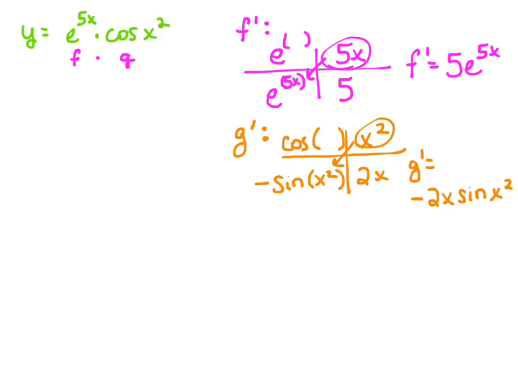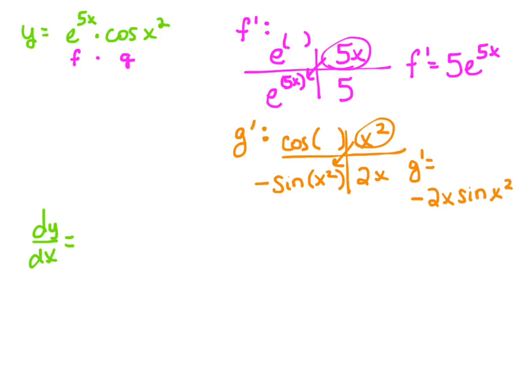So now that I have f prime and g prime, let's go back over to our original function and do the product rule. Let's see, I think I'm going to have to go down to the bottom of the screen. All right. dy dx is equal to, and my product rule is f prime times g plus g prime times f.